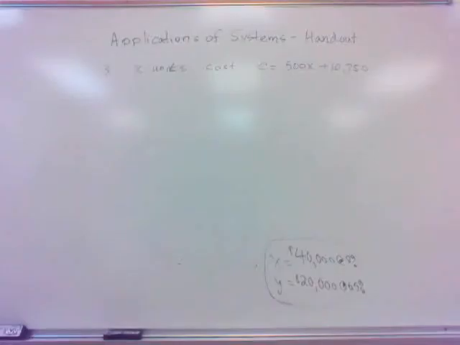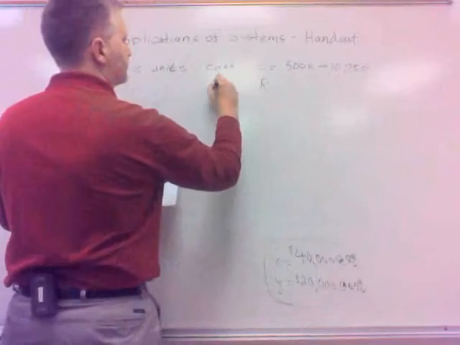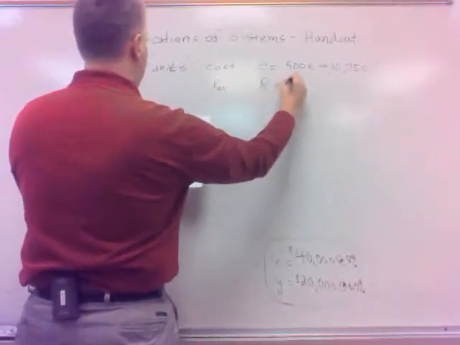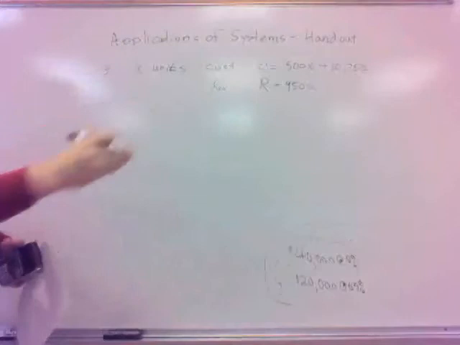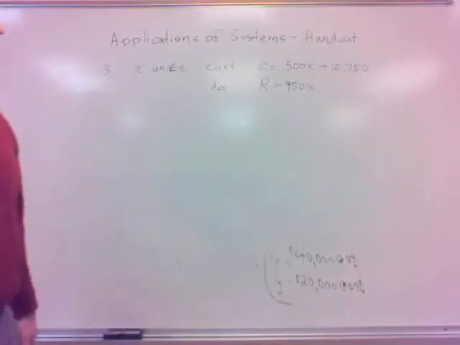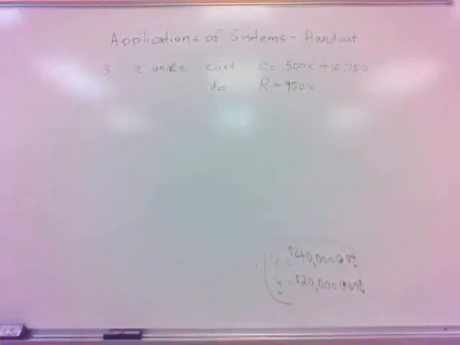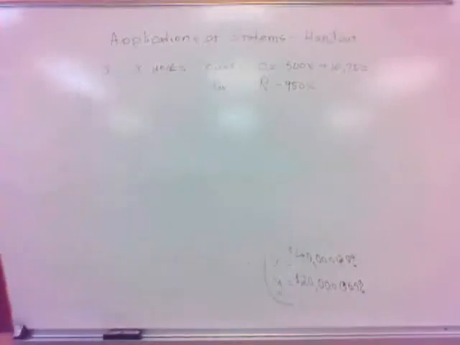And the revenue for selling X units is R equals 950X. So we produce X units, we get cost of 500X plus 10,750. Revenue, multiply 950 by X for selling that number of units.